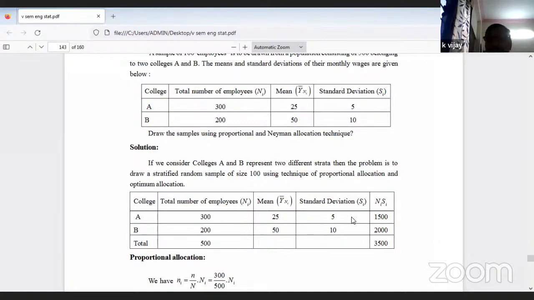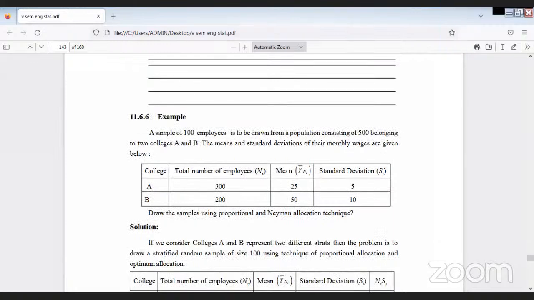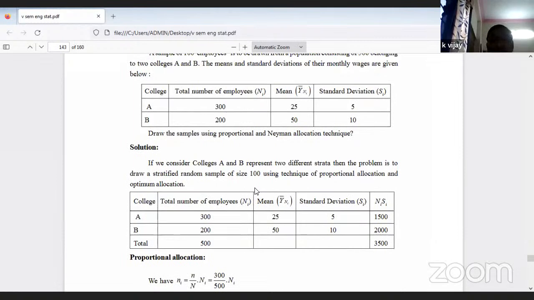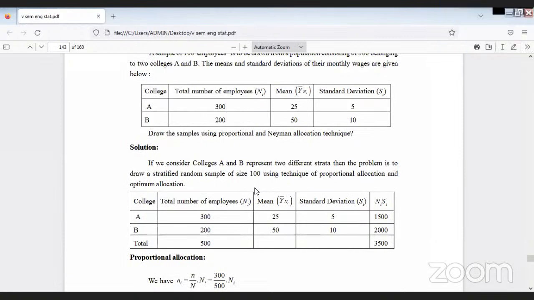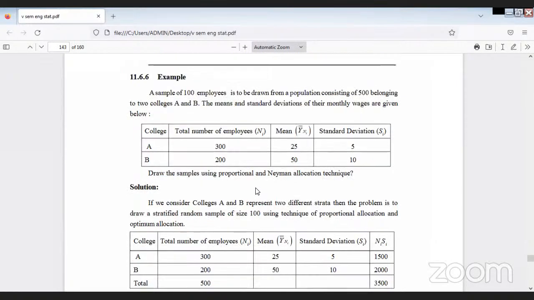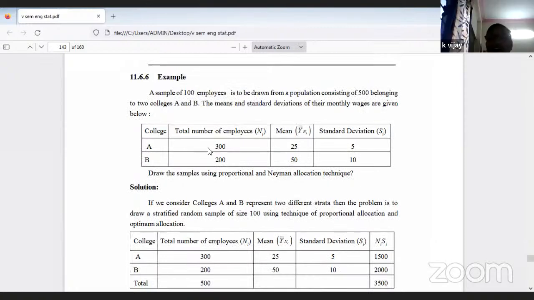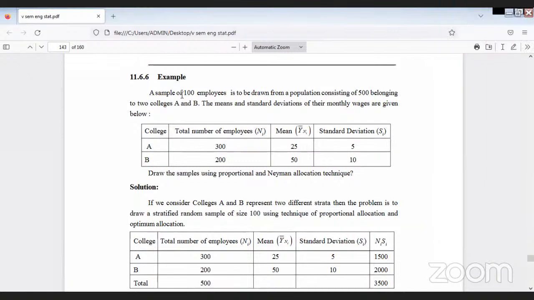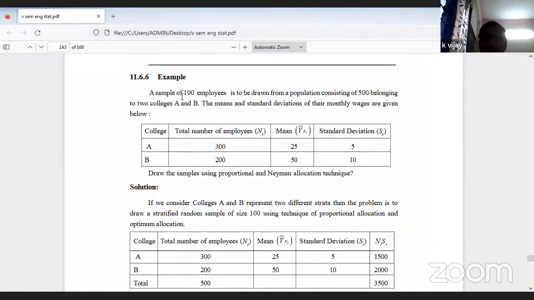25, 50. What is NiSi? Is NiSi given? Yes, sir, they are given. Where are they given? Sir, in the question, in the table: total number of employees into standard deviation. How much? 1500. Where is 1500 given in the problem?